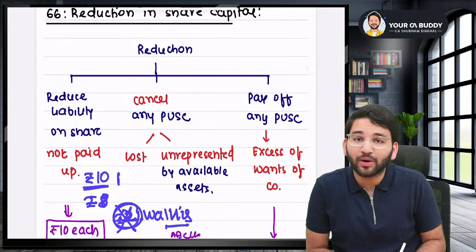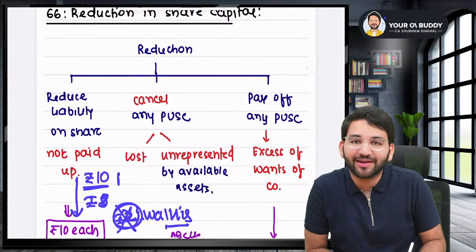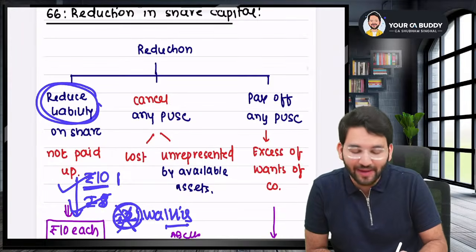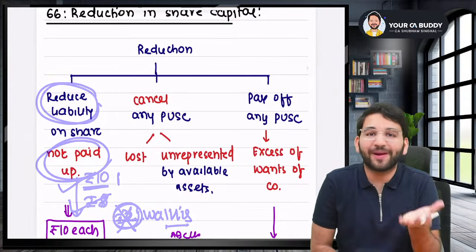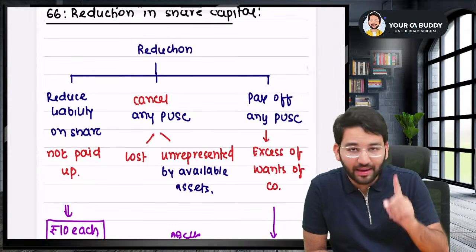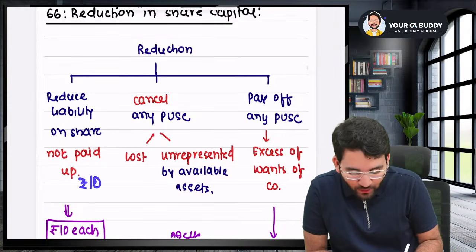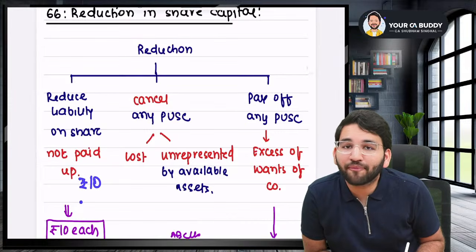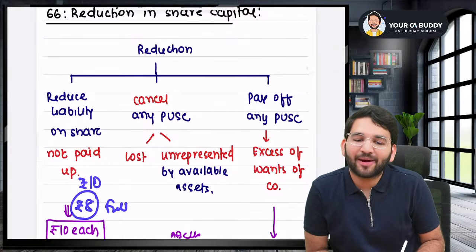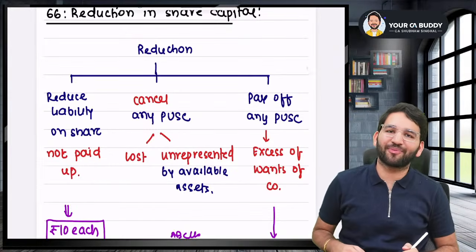When you do that, your share capital reduces. It was 10 rupees earlier, now it is 8 rupees. So there is a reduction of liability on shares which is not paid up. That 2 rupees is reduced. In that example, rupees 10 was not fully paid up, it was partly paid up. Now rupees 8 will become fully paid up shares because the 2 rupees you are waiving off.